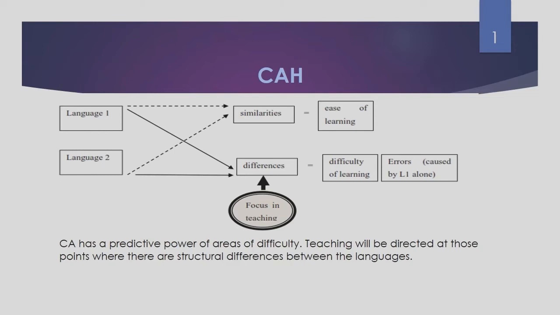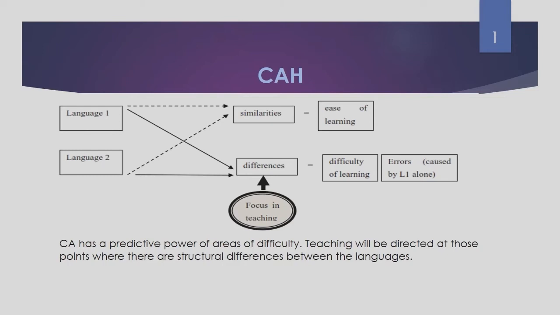This means that if a contrastive analyst compares language 1 and language 2 as it is shown in the diagram, he will find the similarities and the differences. The similarities will be easy to learn, and the differences will be difficult to learn. The differences are the areas where errors occur.